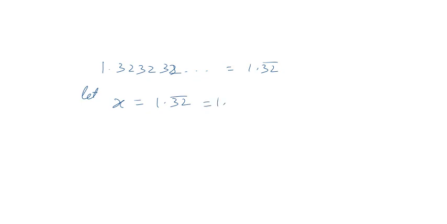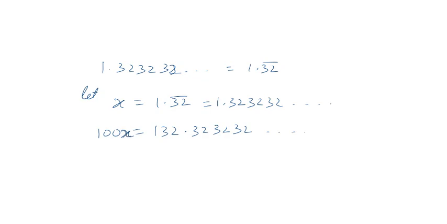What should I write as 1.32? How many decimals are repeating? 2 decimals. So multiply both by 100. So that the whole number will be shifted by 2 decimals. Sorry, it's 100x.